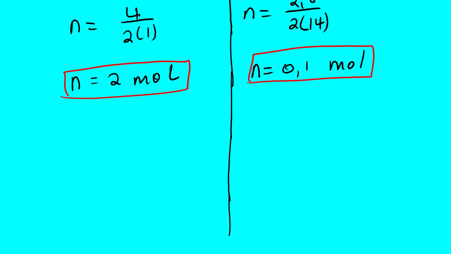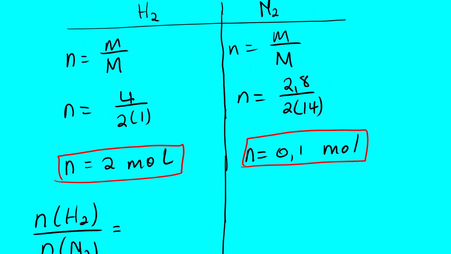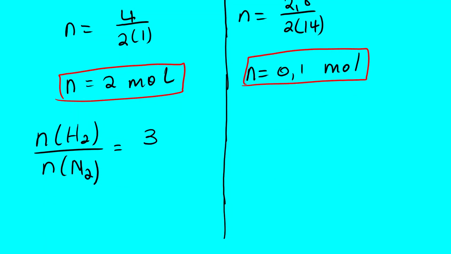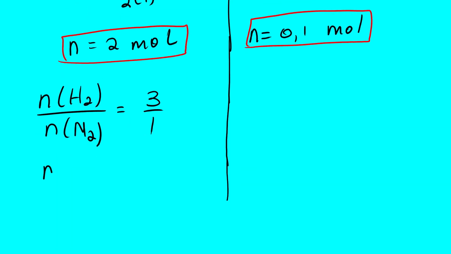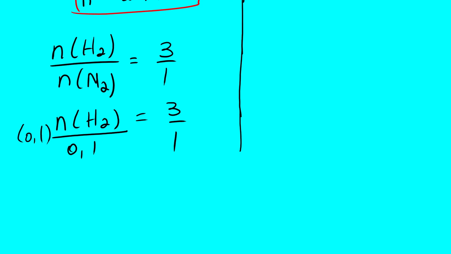Then we need to continue to calculate the second number of moles and conclude which one is the limiting reagent. So from here we start with hydrogen, so we have H2 divided by N2 equals, we look at the coefficient, 3:1. So we have 3 over 1. From here we have 0.1, 3 over 1. And then when we multiply both sides by 0.1, this will result into 1.